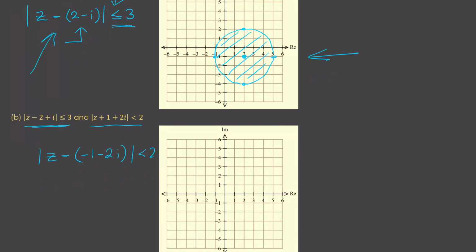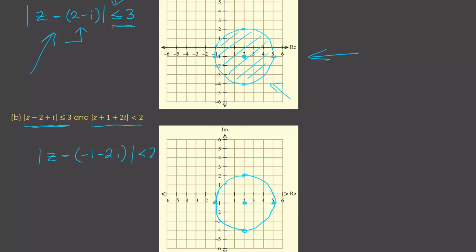So we'll start off by repeating this one. We know that's at 2, -1, and then we can put on some points at a distance of 3 from there, like so, and we'll redraw the circle, but let's not shade just yet because we want to shade so that it satisfies both inequalities this time.